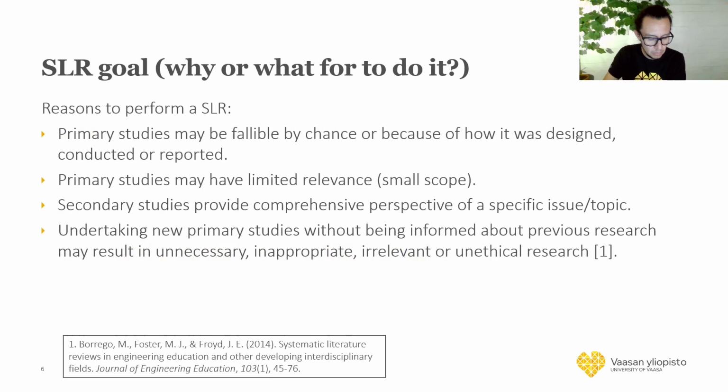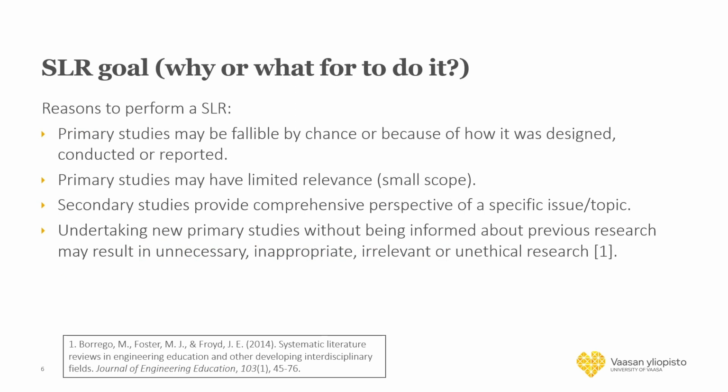And why are we using systematic literature reviews? What is the goal of that? Well, primary studies may be fallible. Perhaps not because the authors were unaware, but they can provide an incomplete picture of one specific topic.